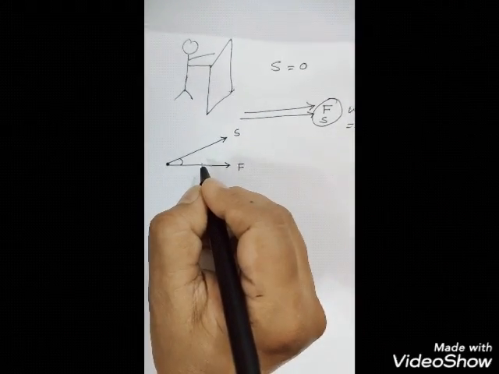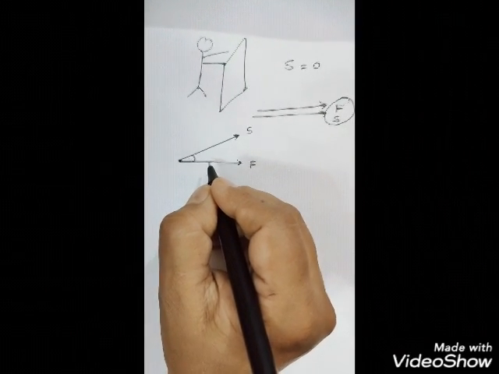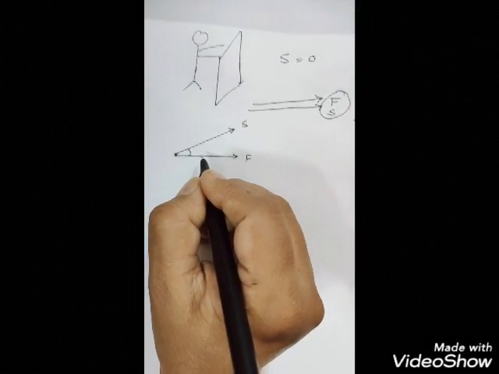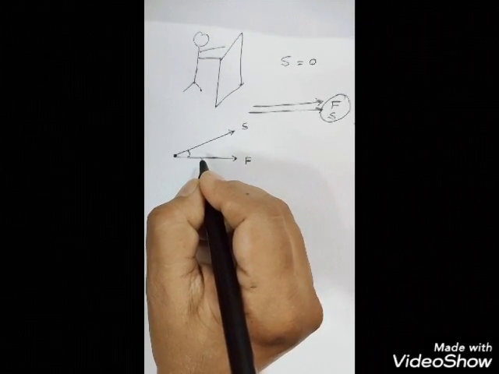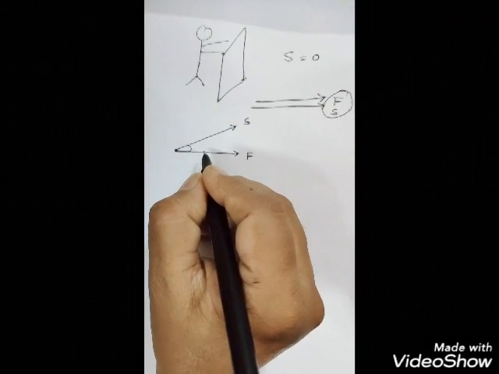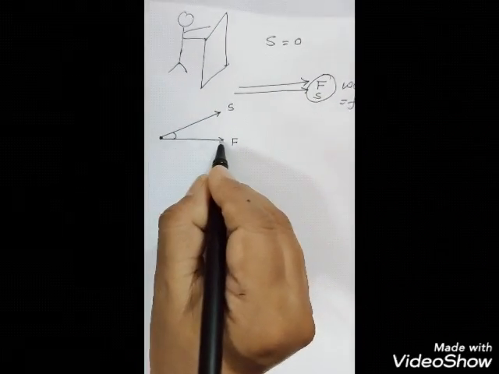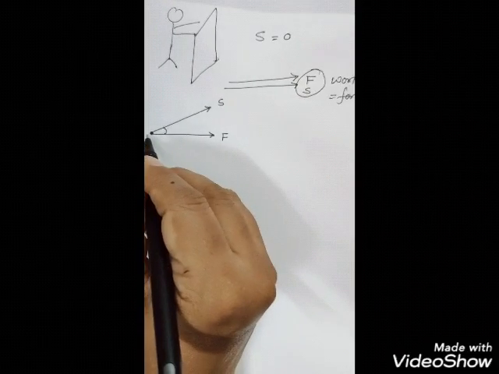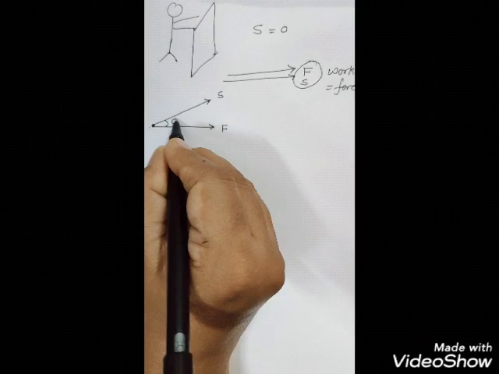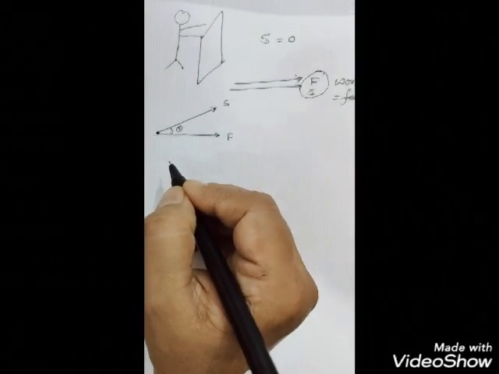As you have seen in the case of carom board, when the striker strikes a coin, the coin is displaced, but always you will find whatever the direction the force is applied, the displacement will take place in some other direction. So here the same case you will see, the force is applied in this direction and the displacement will take place, suppose, in this direction, making an angle theta with the direction of the applied force.